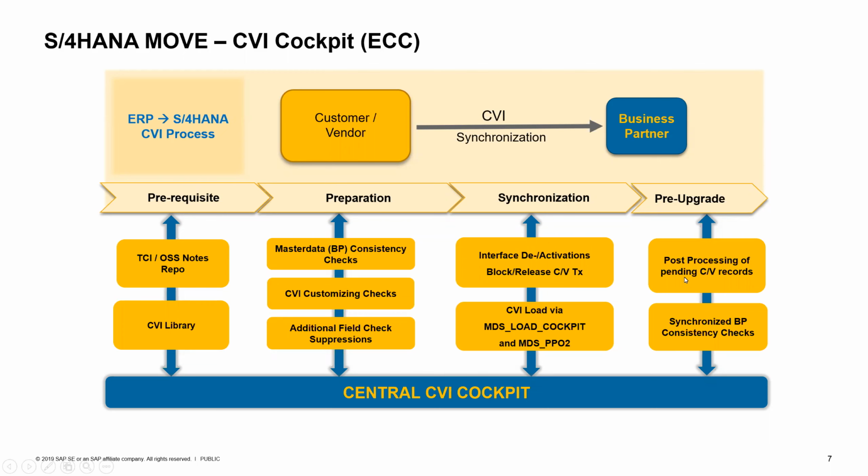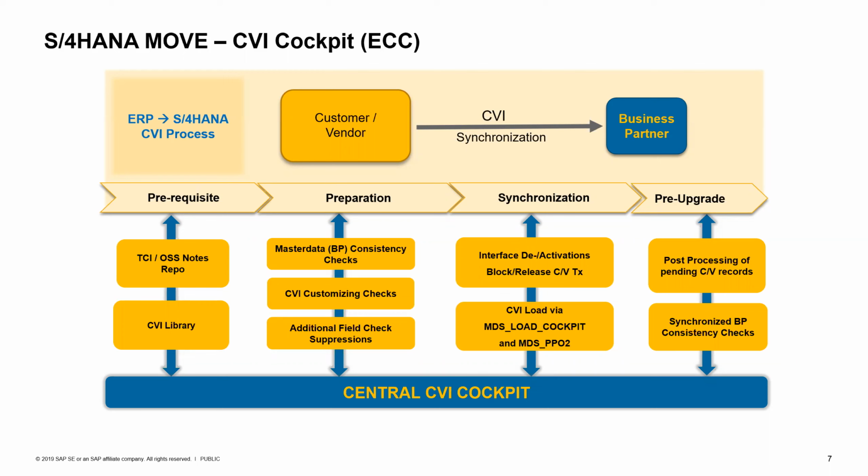So typically, once the synchronization is over, there is still a gap of 3 to 6 months, depending on the customer. Once the synchronization step is done, we can't directly say that we are now ready to move from ECC to S4HANA, because business partner CVI is just one aspect of it.